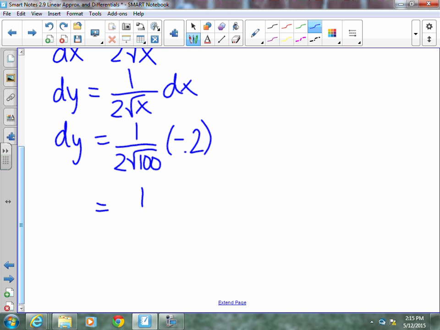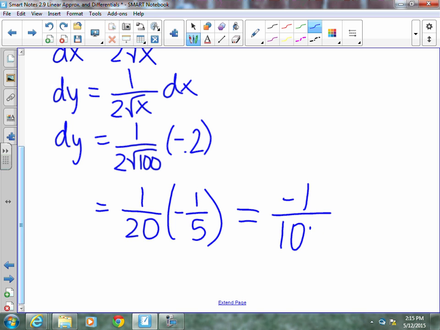Or 1 over 2 times 10. And negative 2 tenths would be negative 1 over 5. And we get a value of negative 1 over 100 as our dy. So that's an estimation of how it changed.